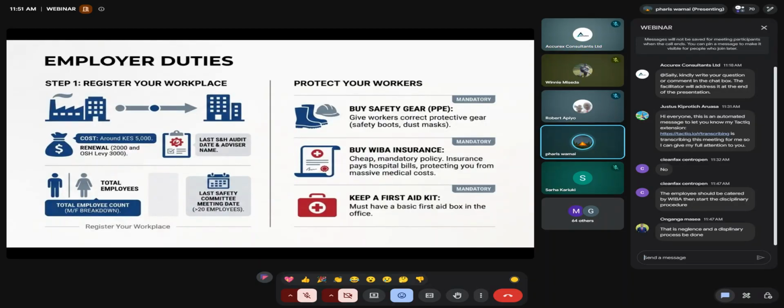So once it gets to DOSH, DOSH will determine two things. Number one, the extent of the injury. We talked about permanent disability, or in this case, we don't have fertility, so it's permanent disability that will affect the livelihood of that person.